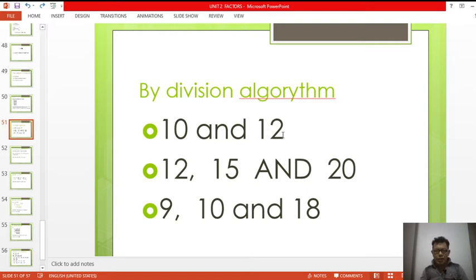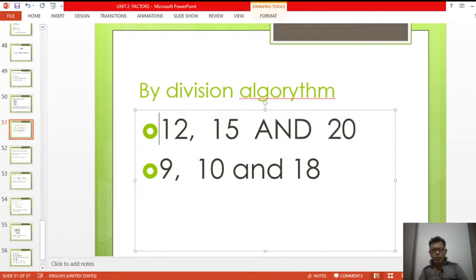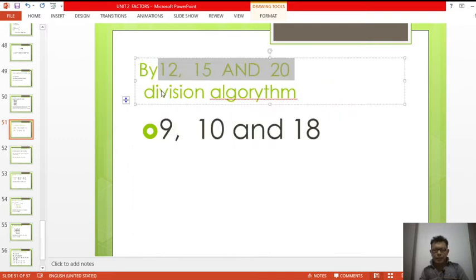Let's try 10 and 12. This one is better. Let's try 12, 15, and 20. Okay, so that's our problem.